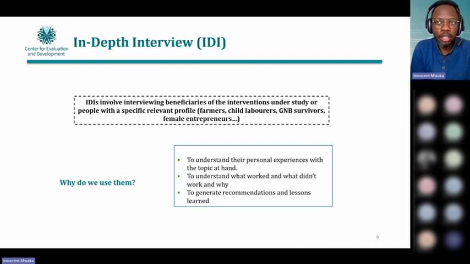If we look at the DAC criteria, there might be a field filled with relevance questions, coherence questions, sustainability questions. And I'm not saying that these questions should be limited to them, but there's that tendency that this group of people would be best suited to answer such questions.